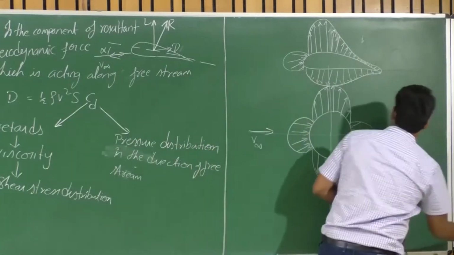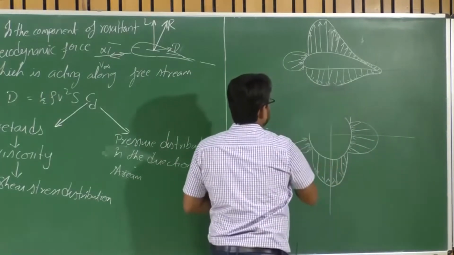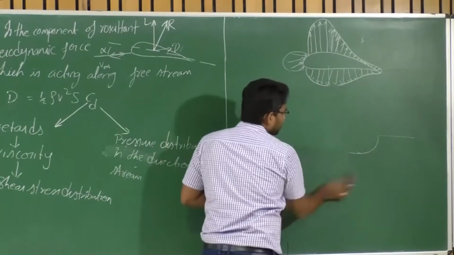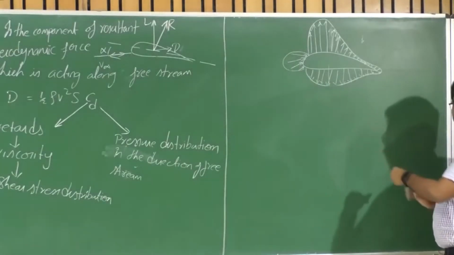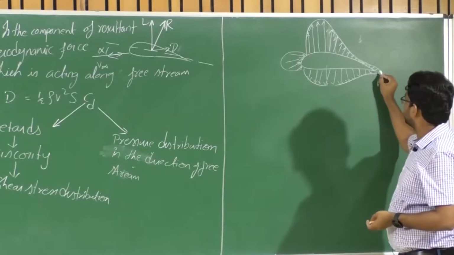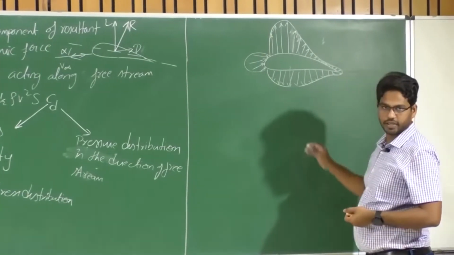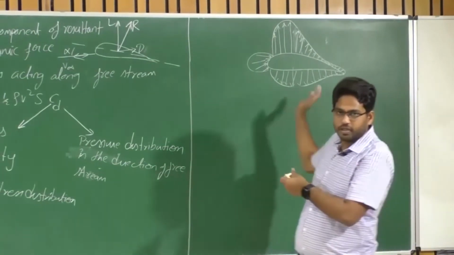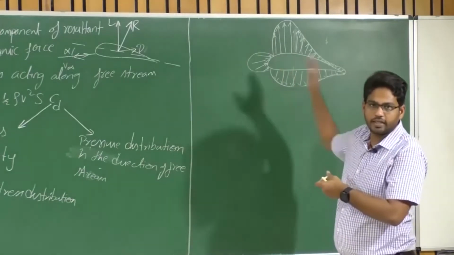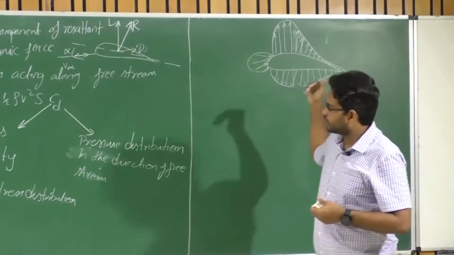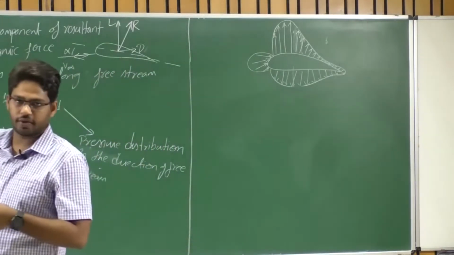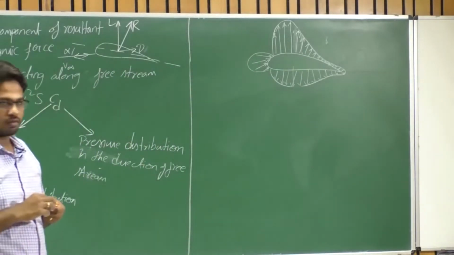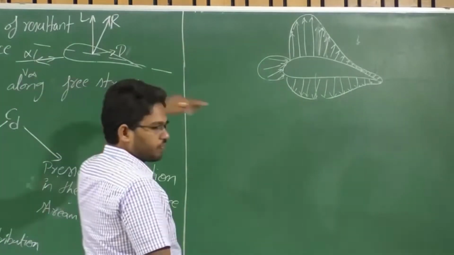Why are we discussing this? In reality, even at zero angle of attack, and we are talking about ideal flow theory here, there is flow separation at the trailing edge, right? That creates a pressure difference between the leading edge part and the trailing edge part. So the pressure difference along the flow direction creates certain force on this body along the flow direction.